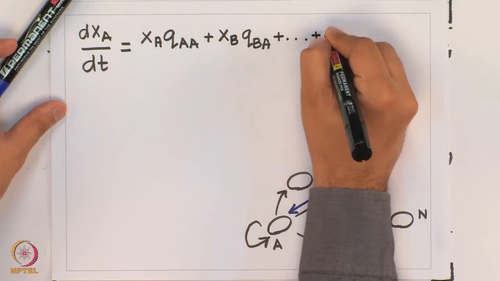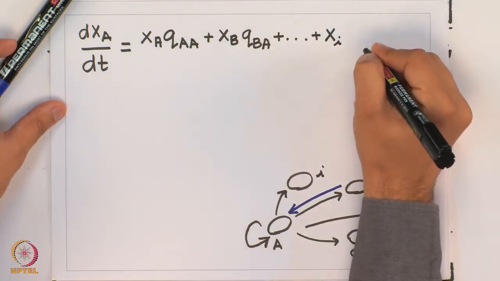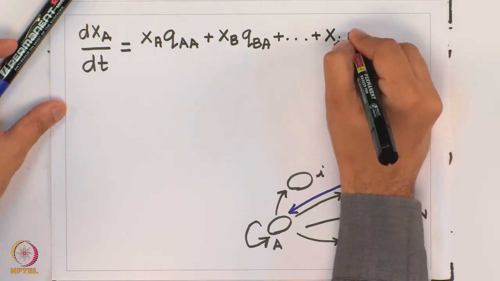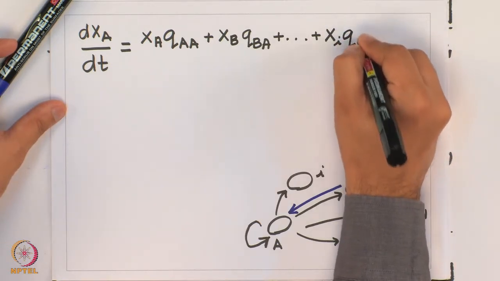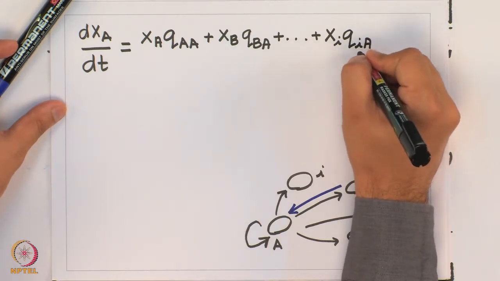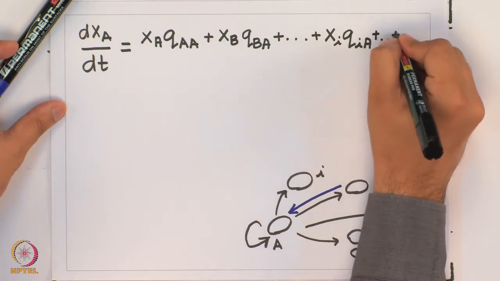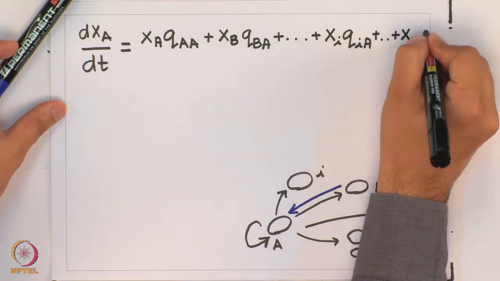We come to XI, which is the fraction of population which belongs to the ith genotype, times QIA, representing the probability that when I replicates, the progeny belongs to genotype A, going all the way up to XNQNA.